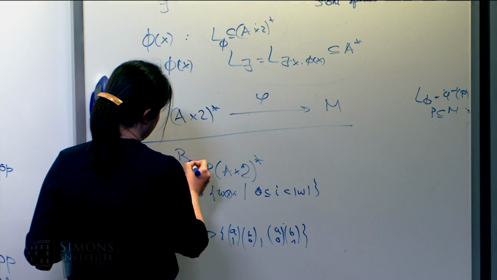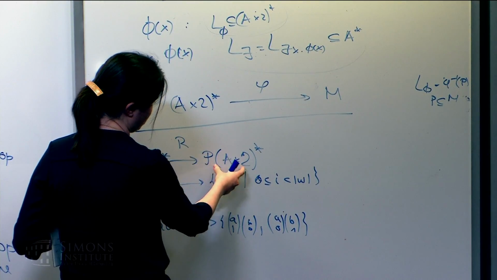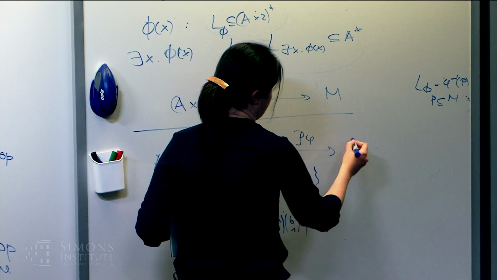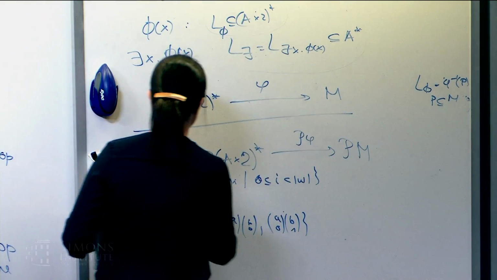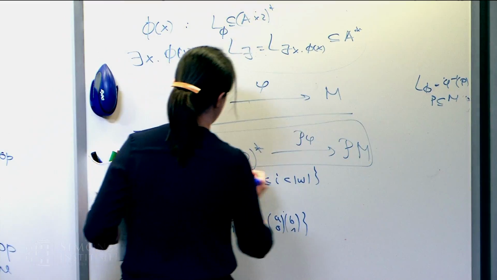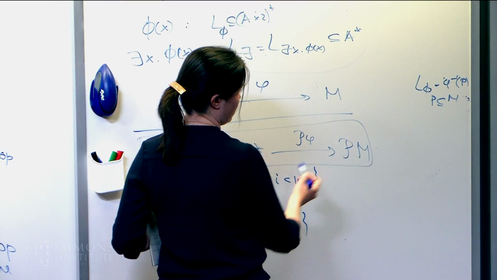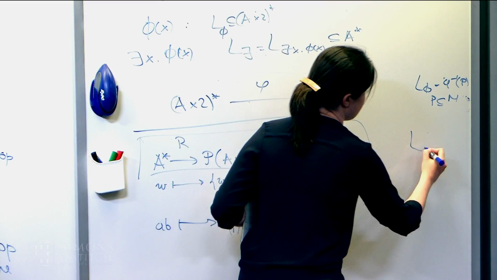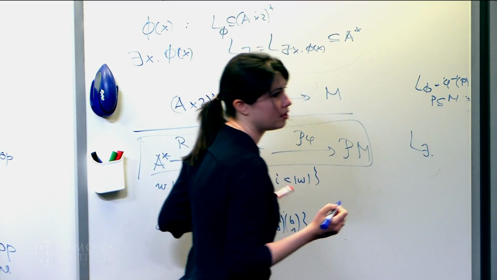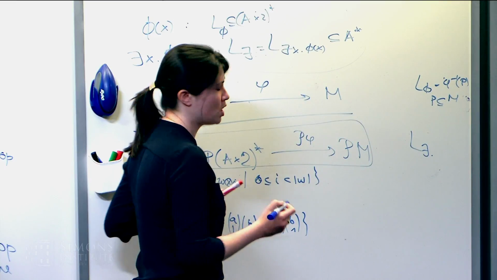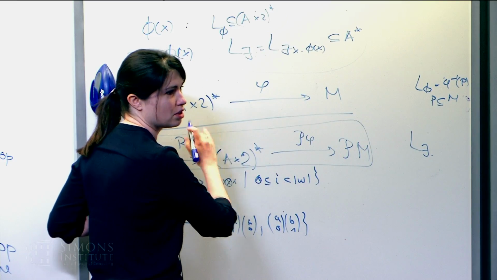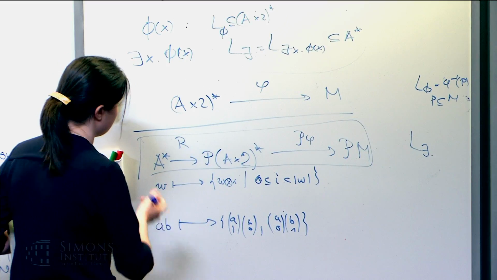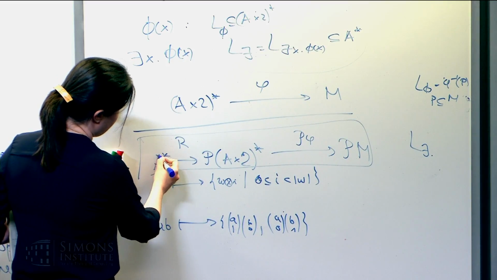So once I have access to the words that have exactly one marking, I obtain here a morphism from A star to the power set of M, which recognizes my language L exists, but is not a monoid morphism, because this is not a relational morphism. So I have to do something tricky here.